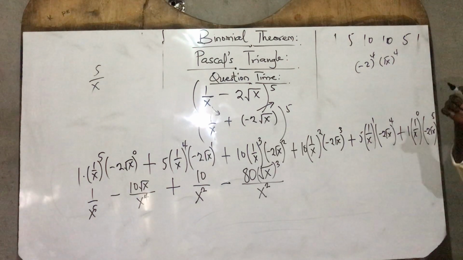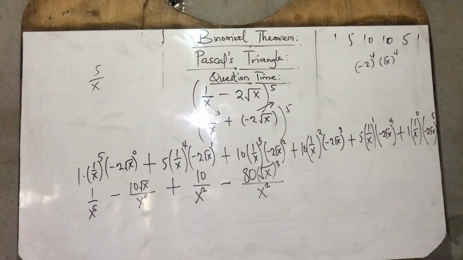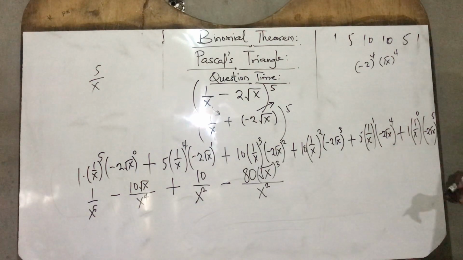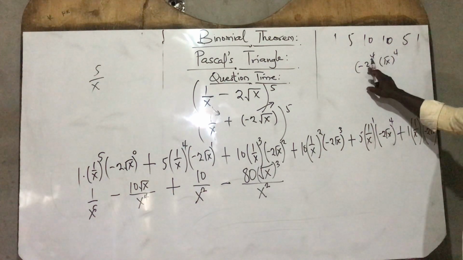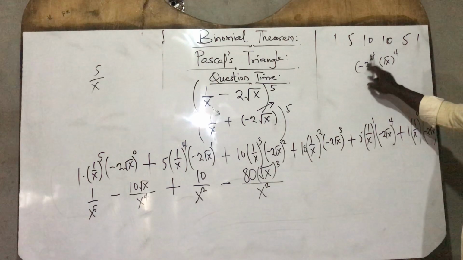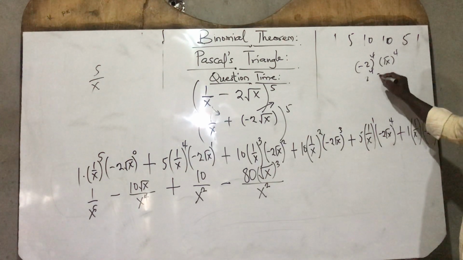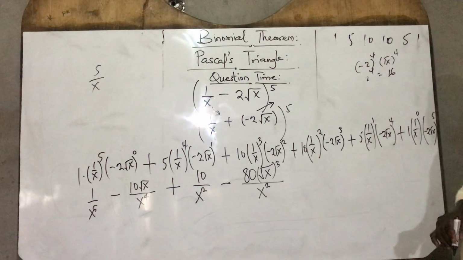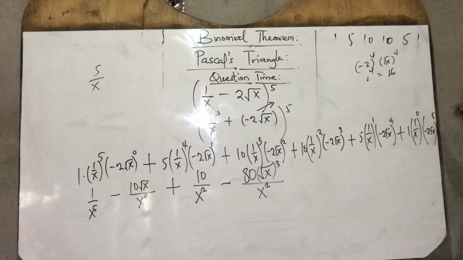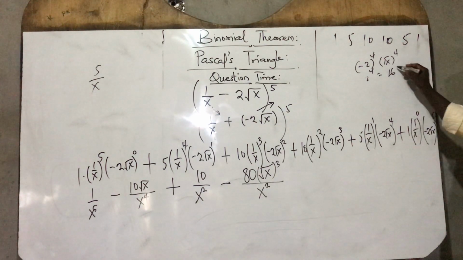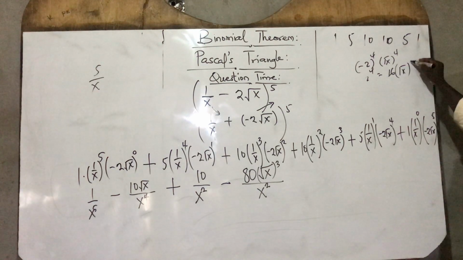Okay. So we can do something here. Negative 2 all to the power 4. This negative goes away because this one is an even number, right? So I'll get 2 to the power 4, which is what? 16, right? 2 times 2 times 2 times 2 is 16. Then here, square root of x all to the power 4.